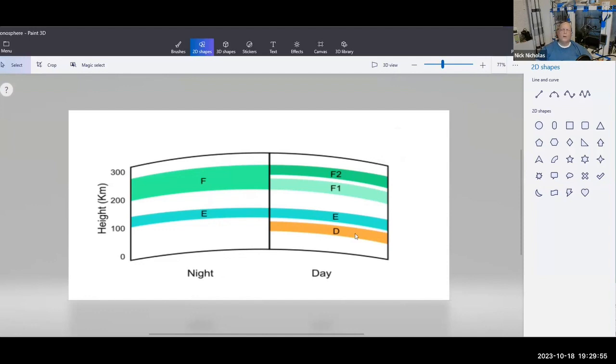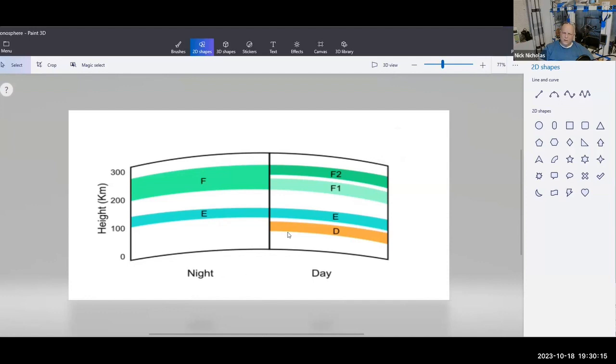Okay. During the daytime, we define that various levels of the ionosphere charge up. For reasons that have to do with physics, it doesn't charge up equally during the day everywhere. It actually forms different layers.